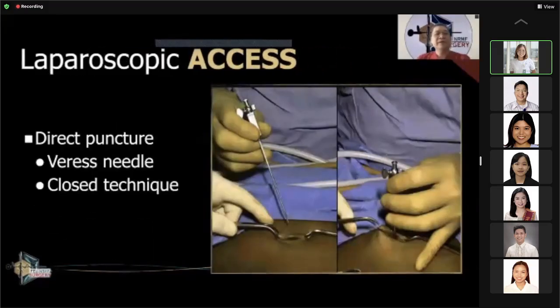Direct puncture is literally inserting a needle directly into the peritoneal cavity. This is a closed technique, a blind procedure. Obviously, if you are not familiar with it, you can perforate the bowel, or even injure the great vessels over that puncture area.